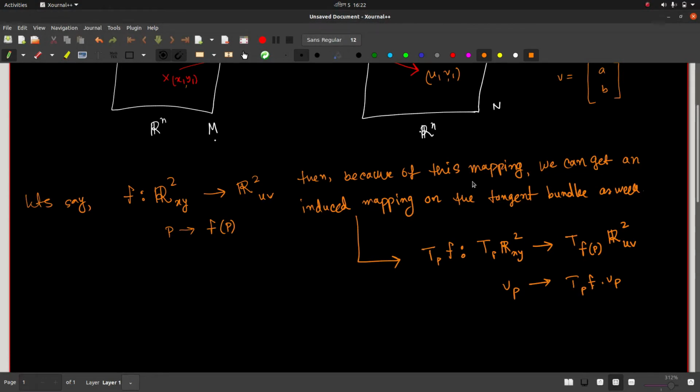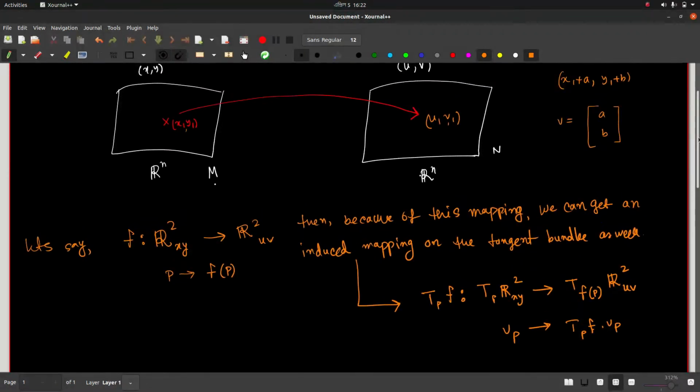So how does this come? Well, think of this as the following. On manifold M, at point P, which is given by this x and y, you can think of there being a tangent space, right? And on that tangent space you can have some vector.